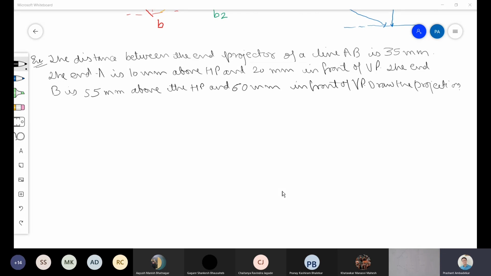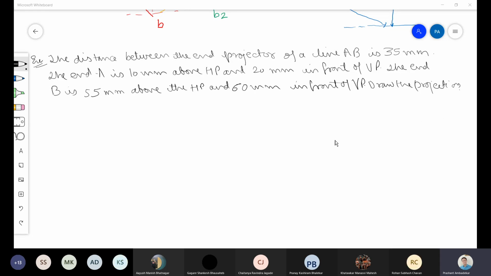See, you don't write this mm. Mm should not be written anywhere. And when you draw that arc, that arc should be a complete arc. It should not be a dotted line. It should be a complete arc. Okay, sir. Good, very good. Thank you, sir.